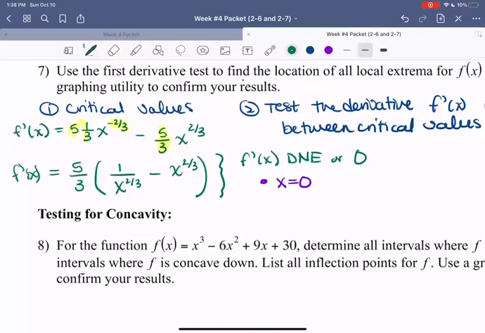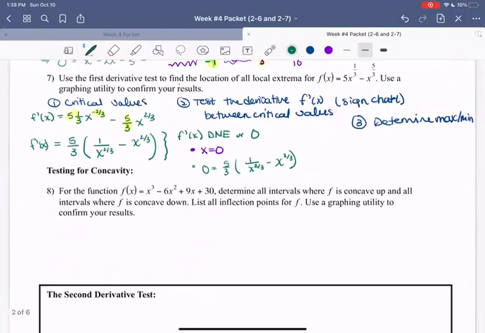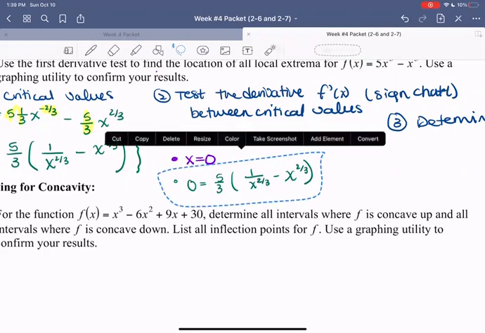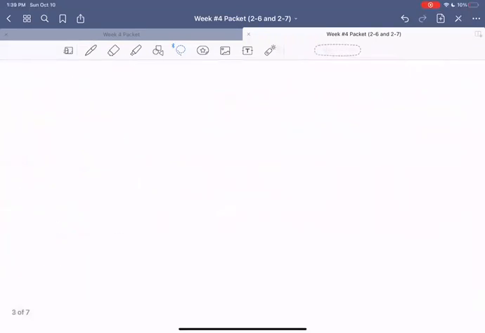So what we're going to do is check where 0 is equal to 5/3 times 1 over x to the 2/3 minus x to the 2/3. And I'm going to go ahead and make an extra page just to give us some more room to work this out. So let's go ahead and use a new page here.